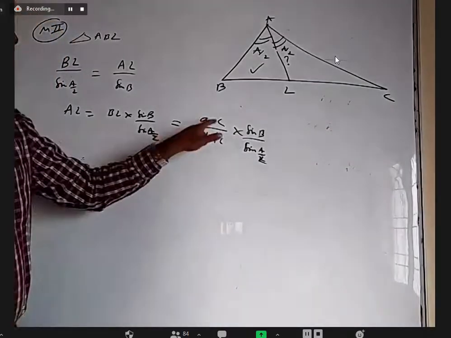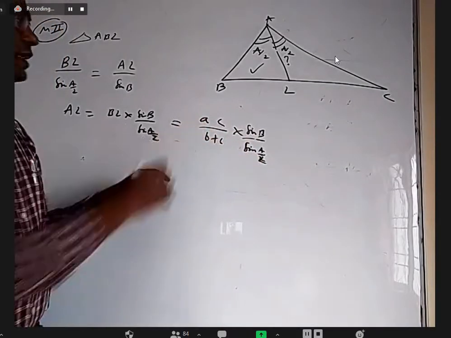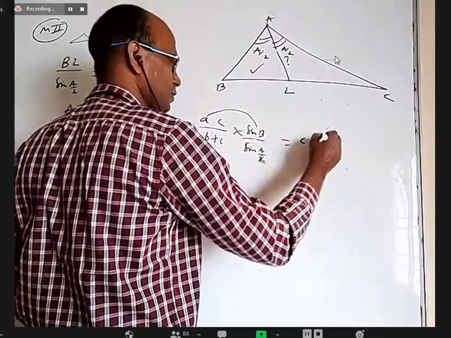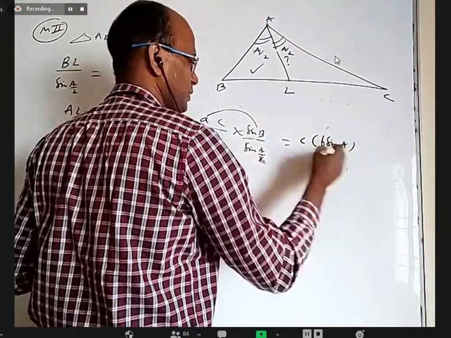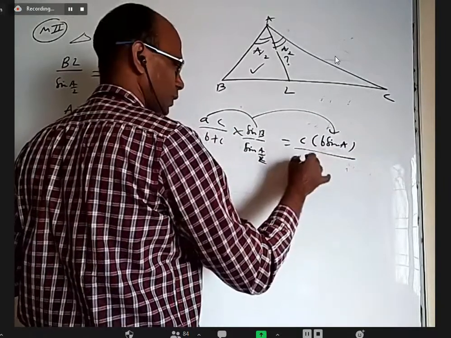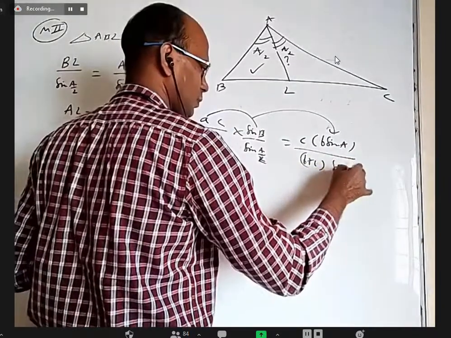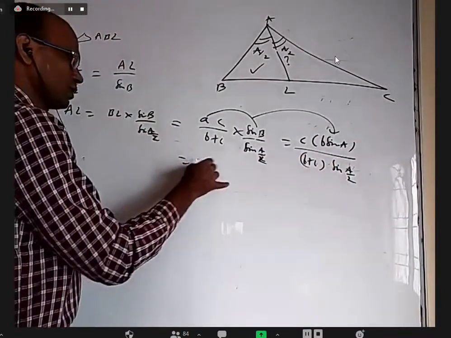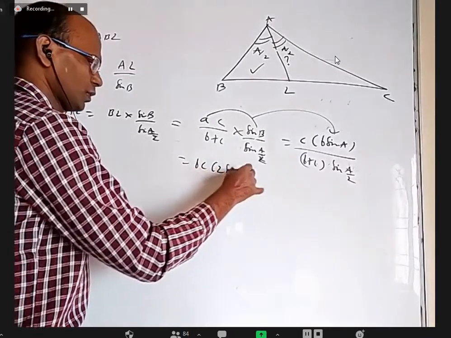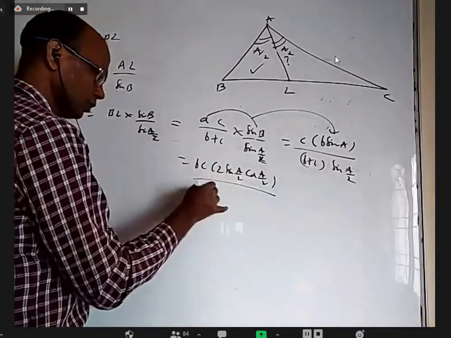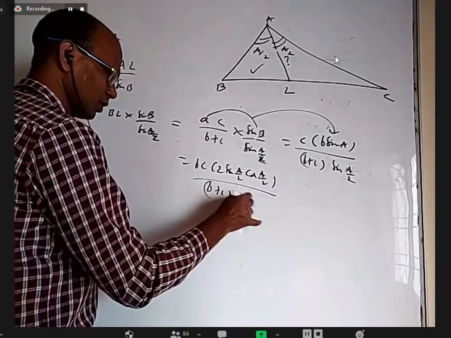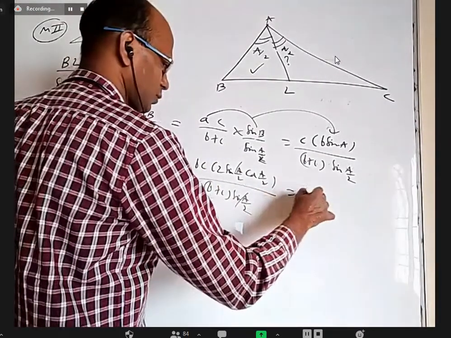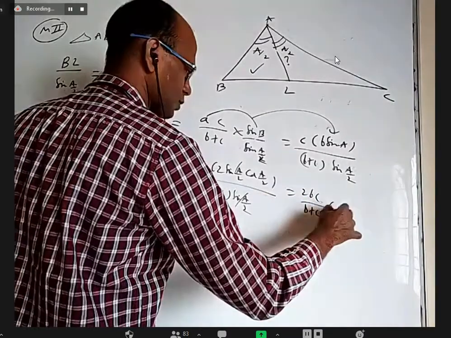According to the sine rule, sine B can be written as b sine A by a, so I'm going to write c into b sine A by b plus c into sine A by 2. Sine A you can write as 2 sine A by 2 cos A by 2, so bc into 2 sine A by 2 cos A by 2 by b plus c into sine A by 2. You can cancel sine A by 2 and again you get the same 2bc by b plus c cos A by 2.